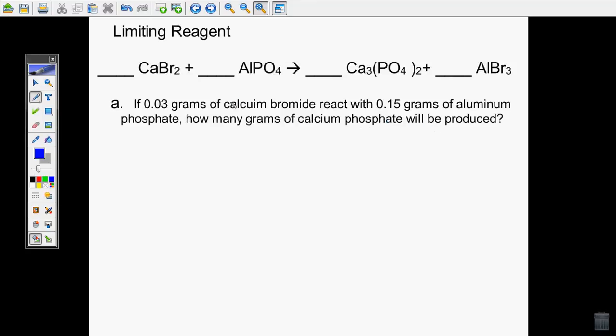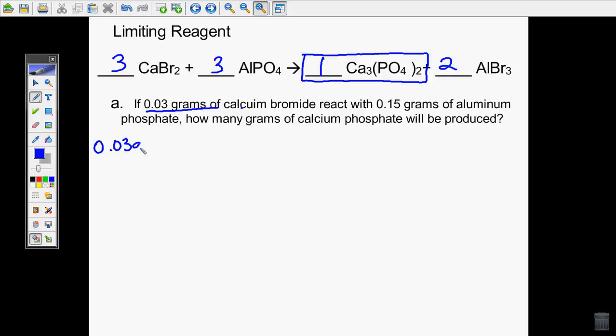Alright, so first, again, you always need to balance your chemical equation. So we get 3, 1, 2. Alright, so the easiest way to do this is just start with the grams they gave you of this one and go to grams of the product they want, which in this case they want calcium phosphate. So this is our product. This is what we're trying to make.